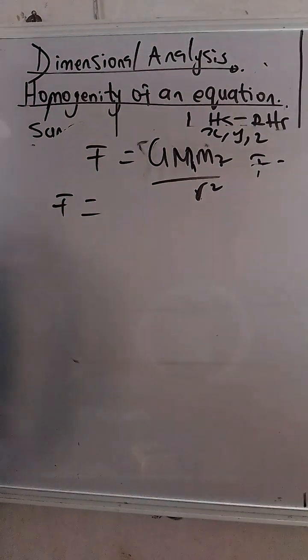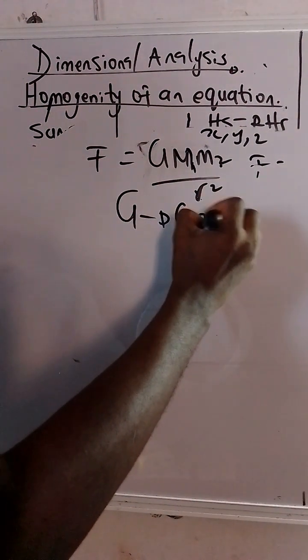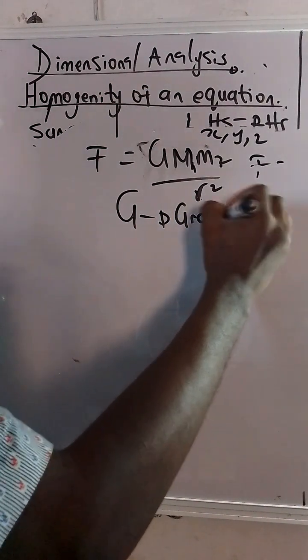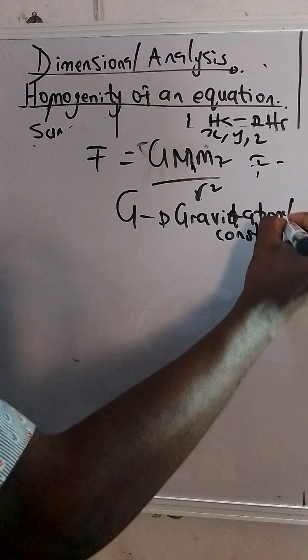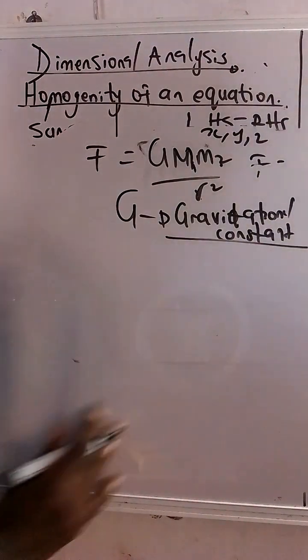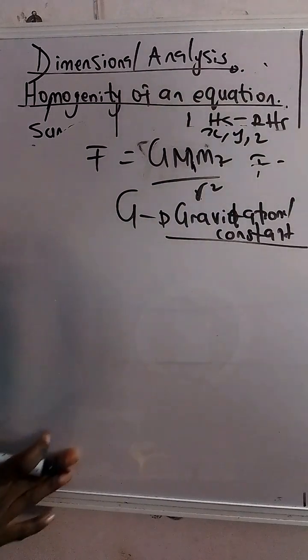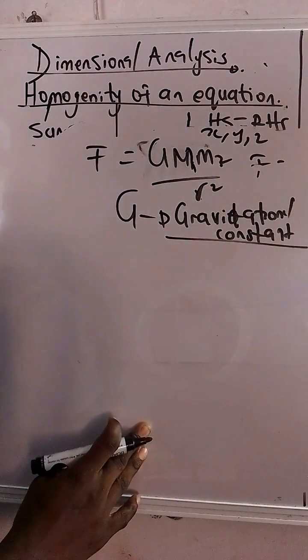Number one, everybody knows that G is the gravitational constant. I told you guys that we don't consider constants when calculating this aspect, right? That means we are going to make G the subject of the formula.